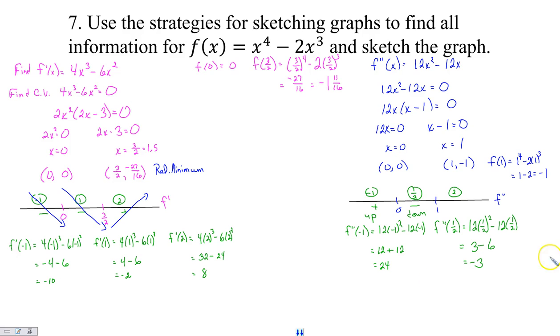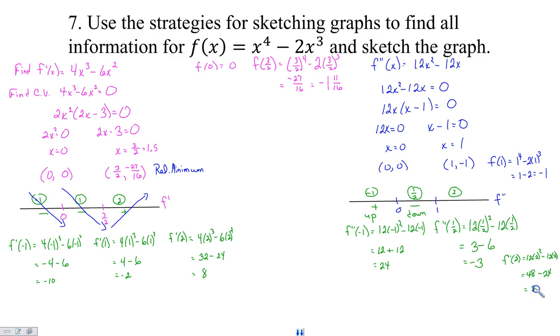So we're going to move right down here, kind of running out of space here, but that's okay. The second derivative evaluated at 2 is going to be 12 times 2 squared minus 12 times 2. This is going to give me 12 times 4, which is 48, minus 24.